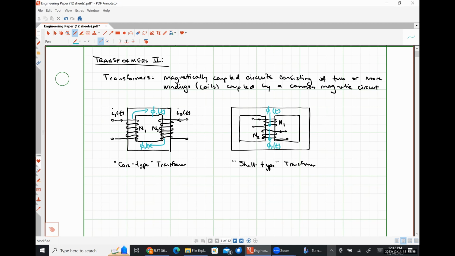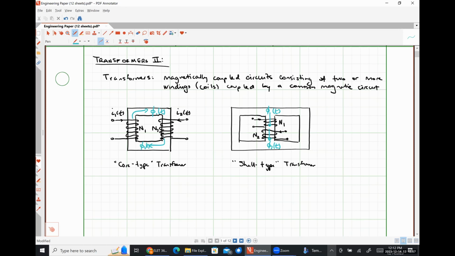When I taught you in your ELET 280 class, we talked about coil polarities and using the dot convention. In this class, we're always going to assume that we have positive dots on the same side, so I'm not going to ever bother drawing them.